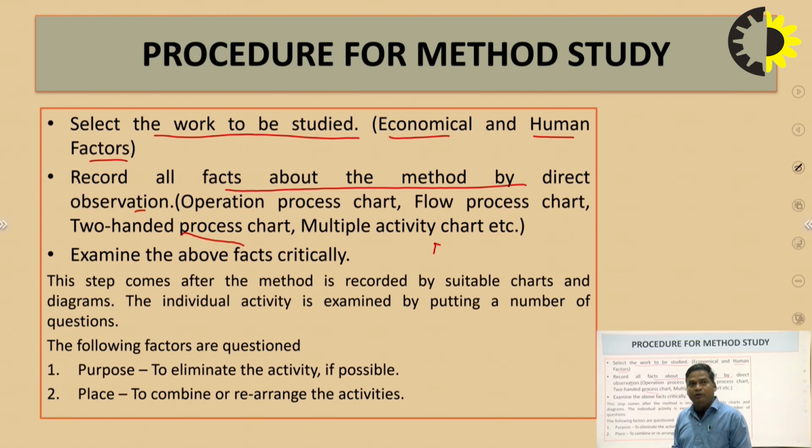For recording all these things, we have different types of charts, like operation process chart, flow process chart, two-handed process chart, and multiple activity chart. To present these charts, we have different symbols. By using these symbols, we can differentiate these charts and analyze the process at the micro level.